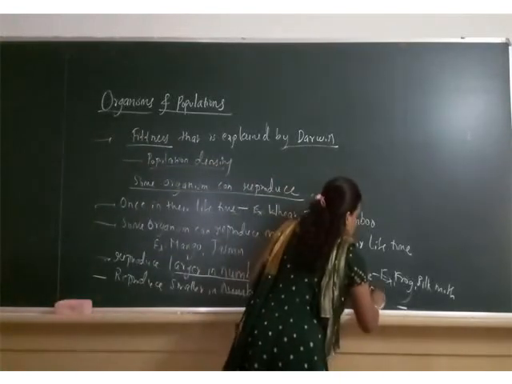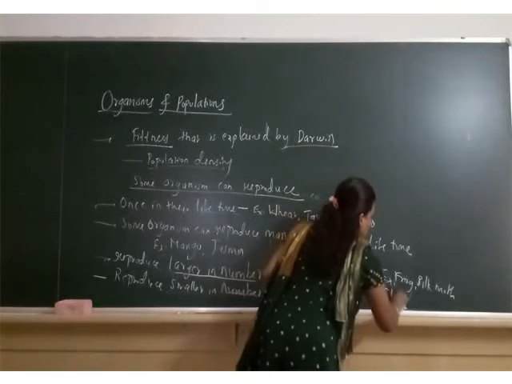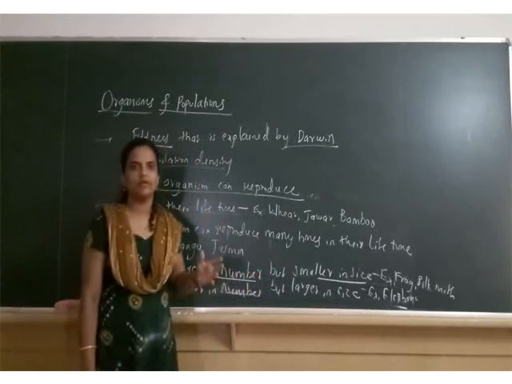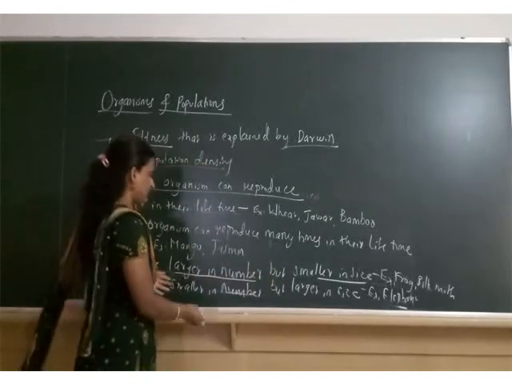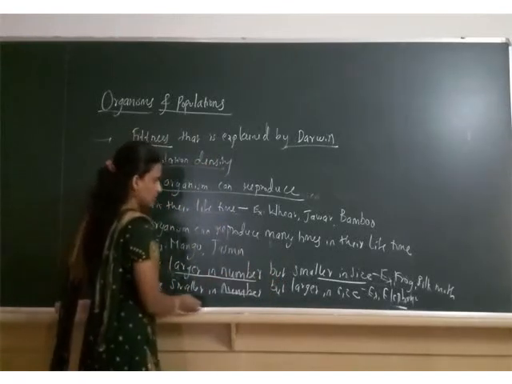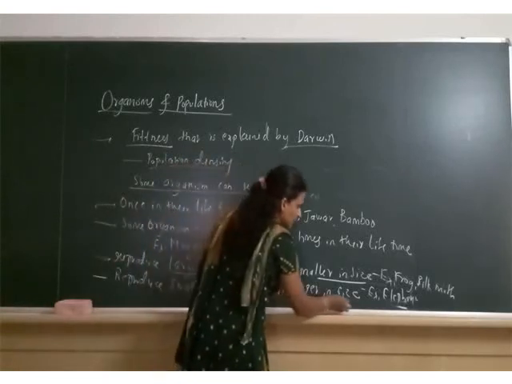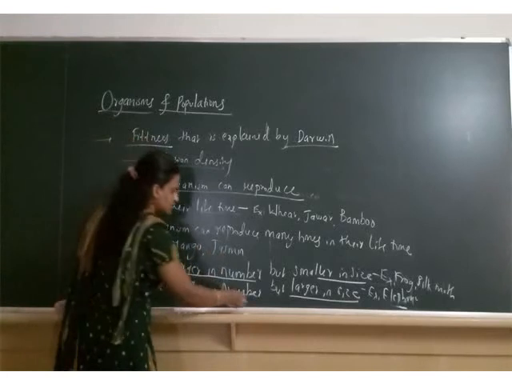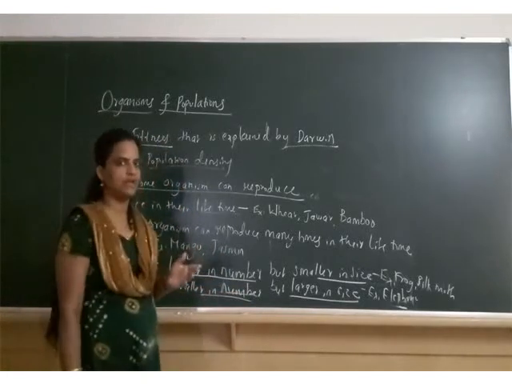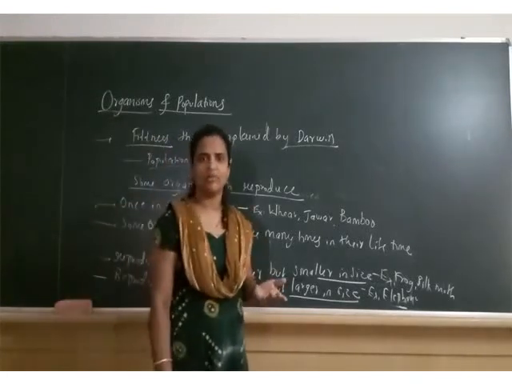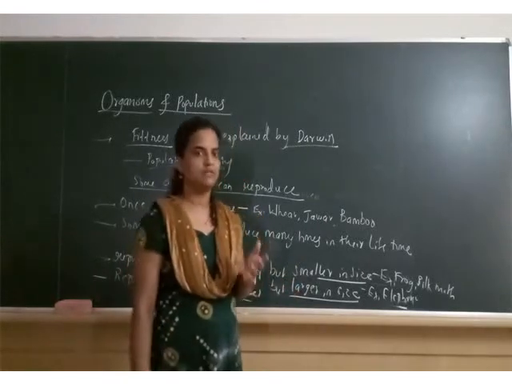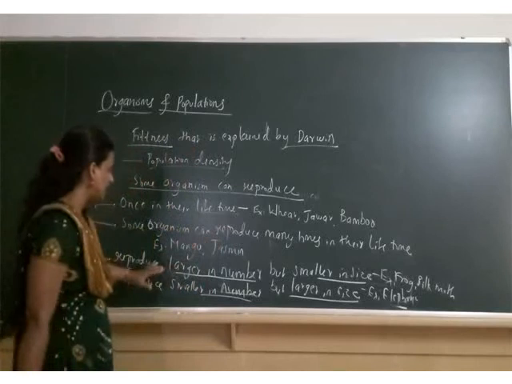For example, I can give the elephant. Which example can we give? Elephant. The elephant's size is large. The size is big, but their number is small. Means one elephant can reproduce how many? Maybe up to seven or eight elephants.